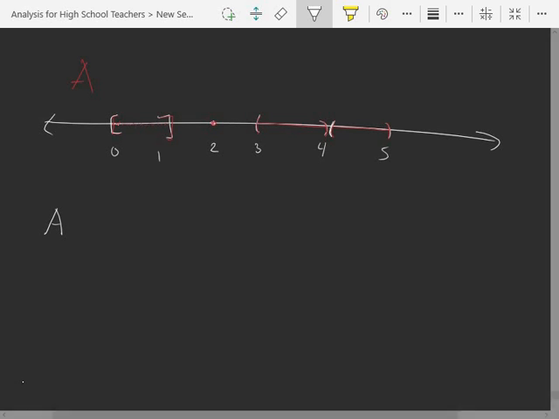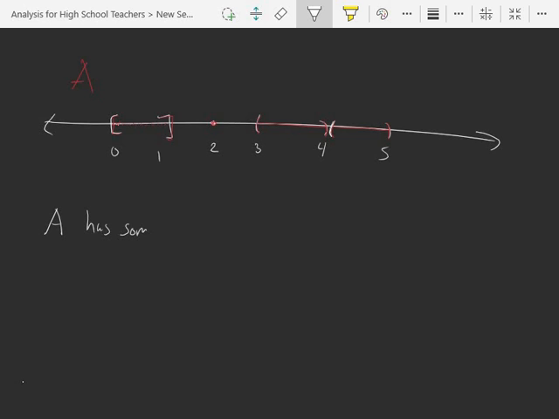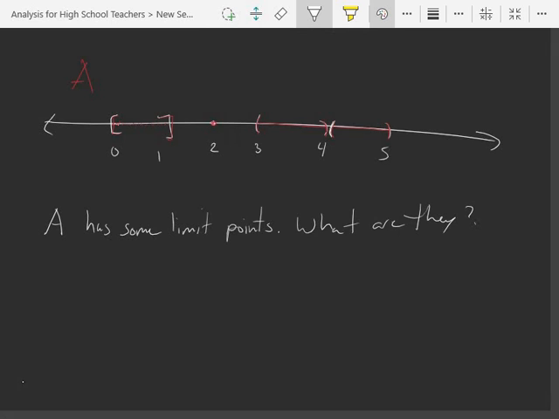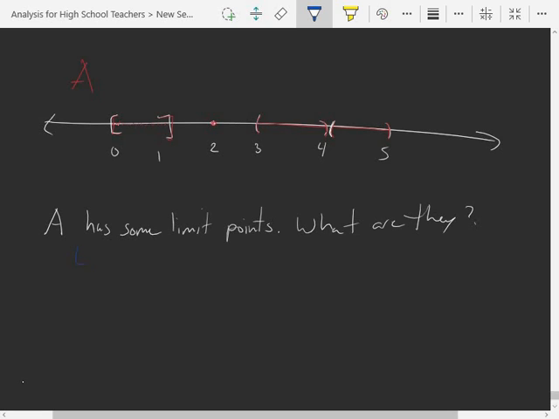What are the limit points of A? Well, for a limit point, we take any point such that no matter which circle we draw around it, that circle contains things from A. So let's see if we can draw in these limit points here. Let's use blue.